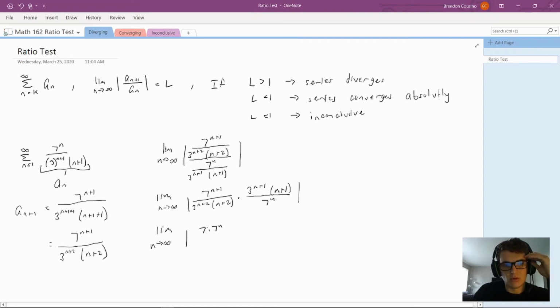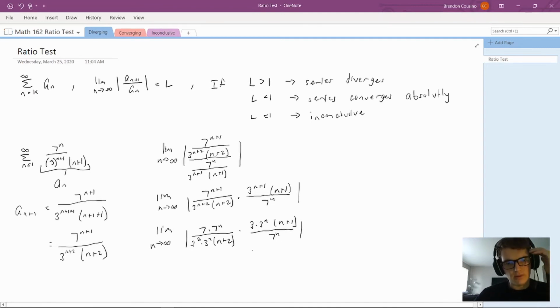So this has an exponent of 1, so when we add the exponents, it would be 7 to the n plus 1. So we end up with the same thing. And so we're going to do the same thing here. So it's going to be 3 squared times 3 to the n times n plus 2 multiplied by, the same thing on this one, 3 times 3 to the n times n plus 1 divided by 7 to the n.